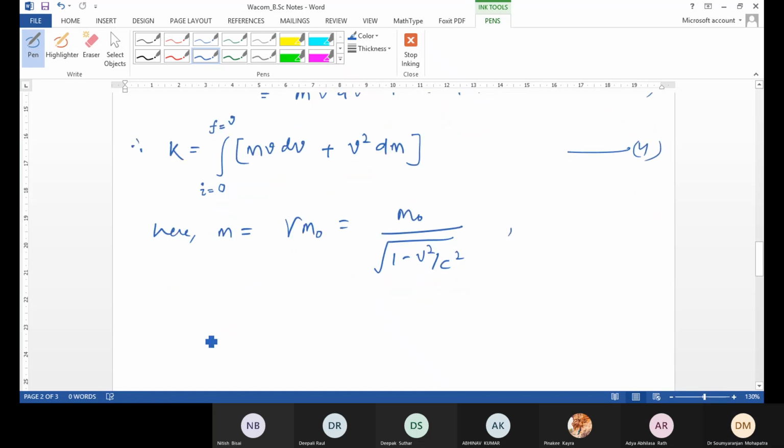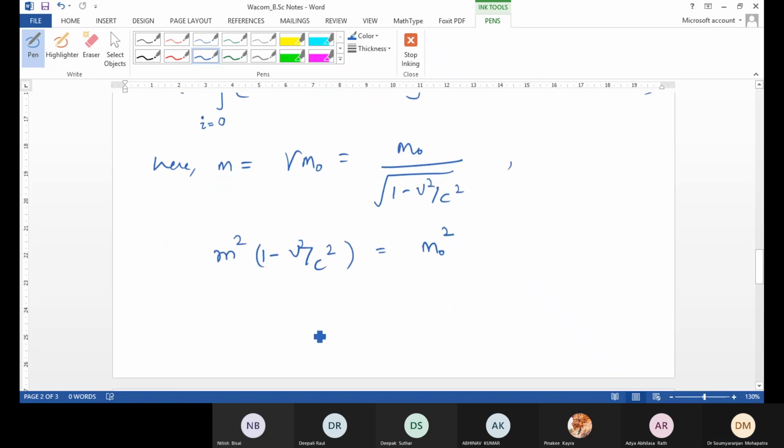Okay, so now just substitute. So what will I get? I'll get m square times 1 minus v square by c square is equal to m naught square, isn't it? I'm taking the squaring of this one.